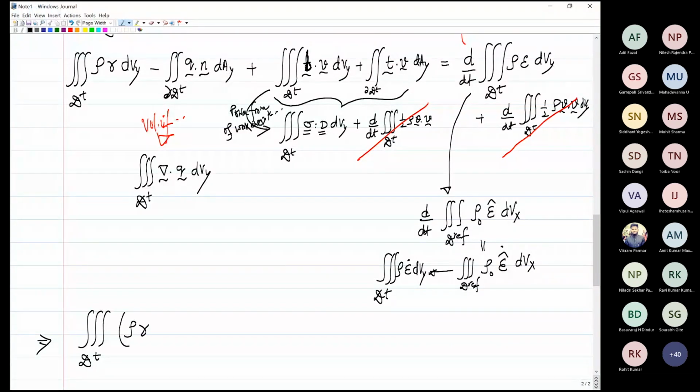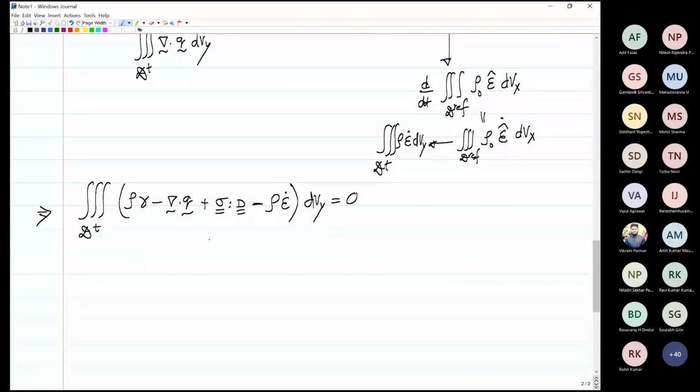We have rho r minus divergence of q plus sigma double contraction d. And from the right hand side we bring it to the left hand side with a minus sign, minus rho epsilon dot dVy. So that's equal to 0.